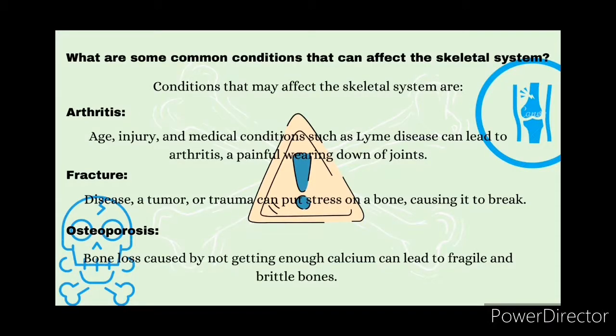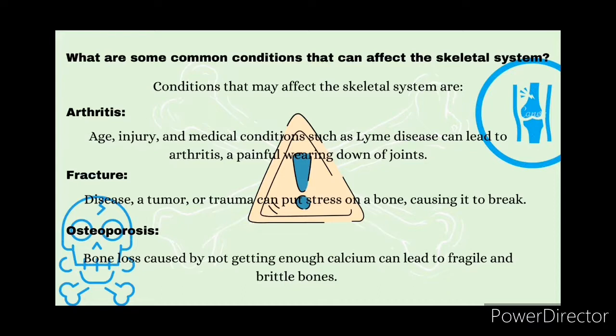What are some common conditions that can affect the skeletal system? The first one is arthritis. Age, injury, and medical conditions such as Lyme disease can lead to arthritis, a painful wearing down of joints. So dito, karamihan sa mga matatanda ay nagkakaroon ng arthritis. Next is fracture. A tumor or trauma can put stress on a bone, causing it to break.